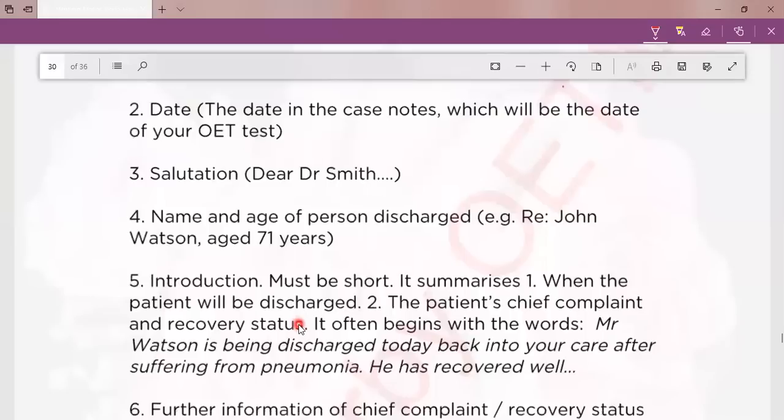So you will write as follows. Thank you for seeing Mrs. Hala, a 25-year-old female patient, who is being discharged today into your care. Full stop.